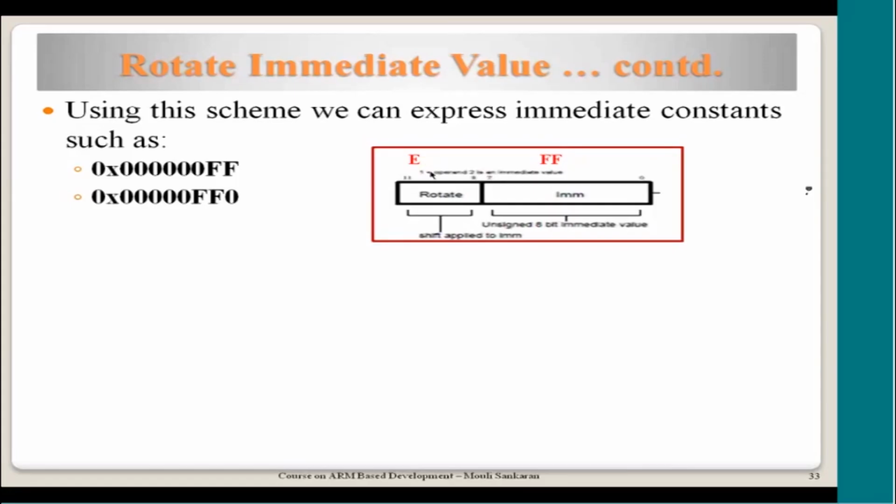But it will say in the rotate field that I am giving an E. E is what? Actually it's a 14. So it will put E here. That means this 14 will be multiplied by 2, that is 28, and then it will do a rotate right.